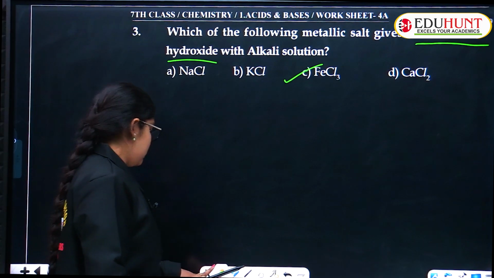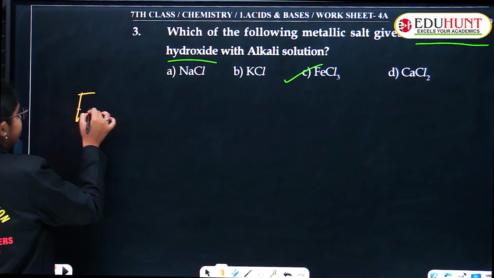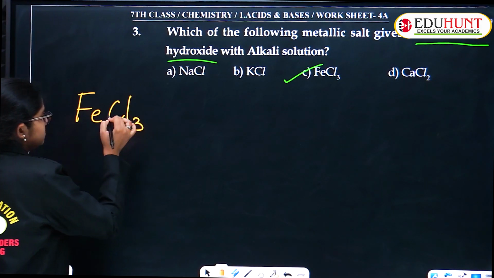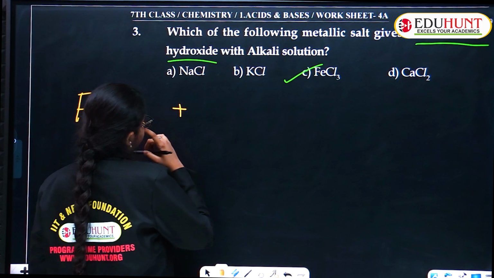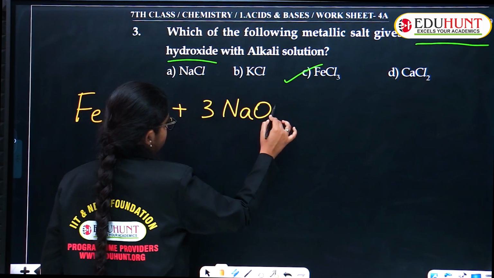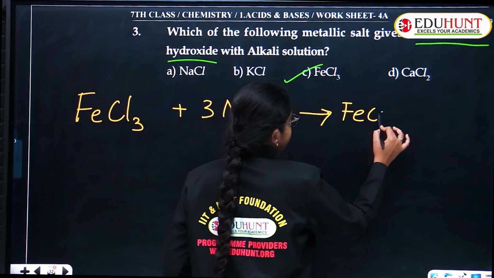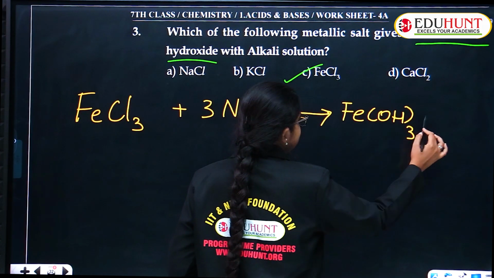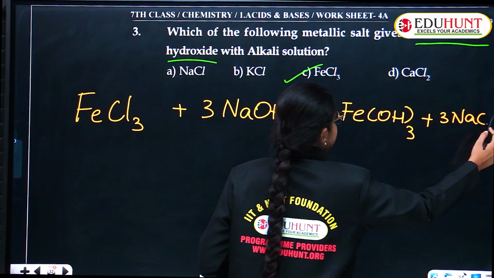How will we see? There is an equation for that. I'll write it here. When I take FeCl3 and add to that 3 molecules of sodium hydroxide, I get Fe(OH)3 and the leftover is 3 NaCl.